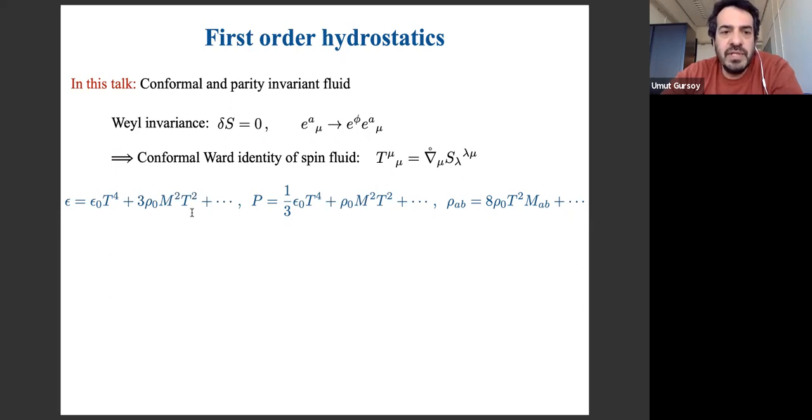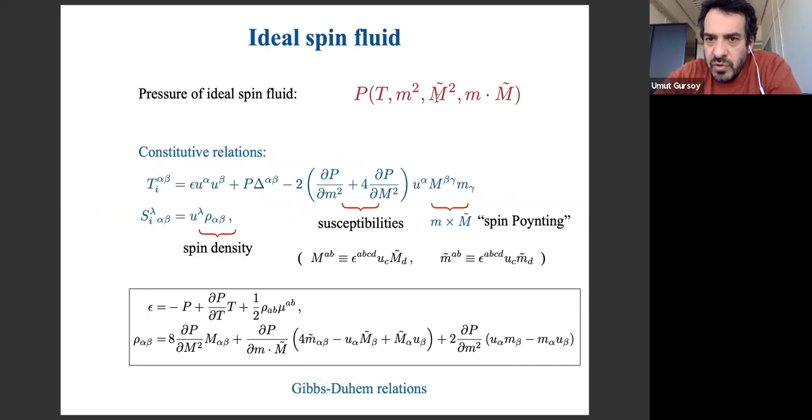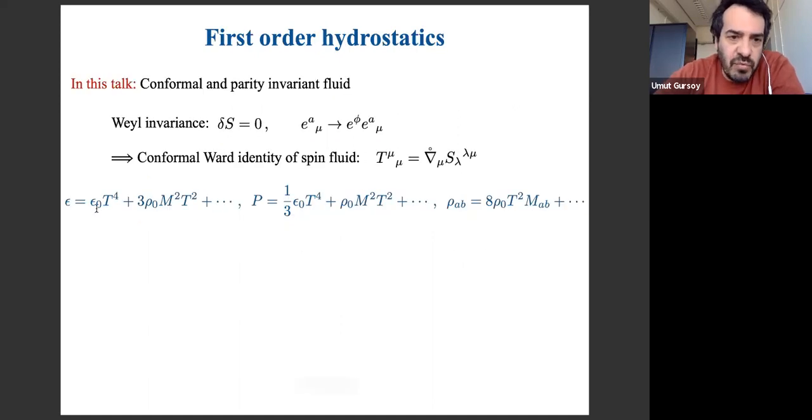The first thing that you see is that, out of the little m and capital M, only one of them survives, because the other one is not conformally invariant. The capital M becomes conformally invariant, the little m is not. This means that your energy, pressure, and spin density can be expanded only in this quantity.